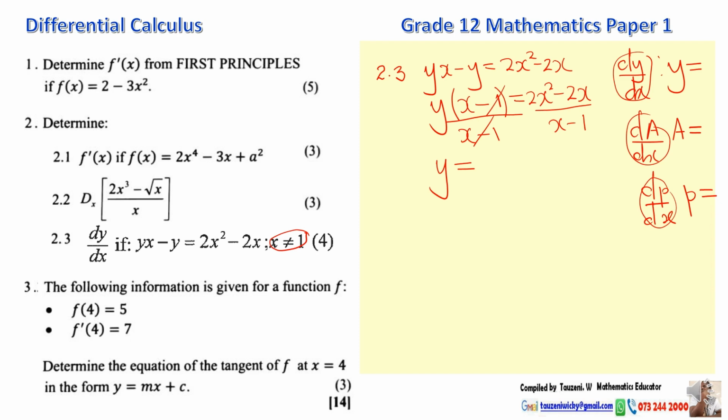Now, if you remember, when I was explaining number 2.2, I said you must have no variables in the denominator. And we said that if a denominator is x, for example, then I must rewrite this as ax to the power of negative n, so that I can then apply the differentiation rule.